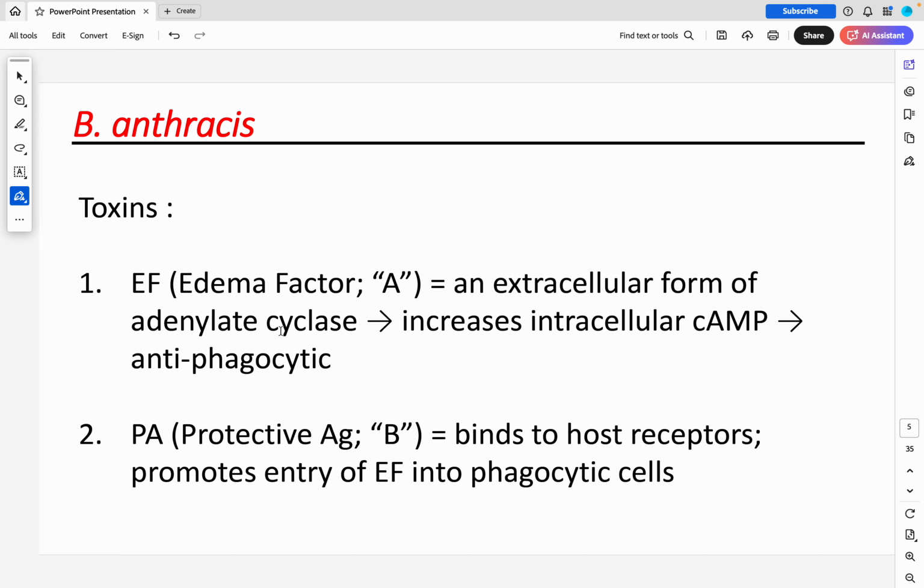PA, protective antigen, promotes entry of the edema factor into the phagocytic cells. This protective antigen binds to host receptors, allowing for translocation of the edema factor toxin.